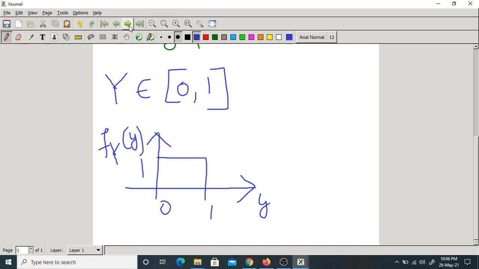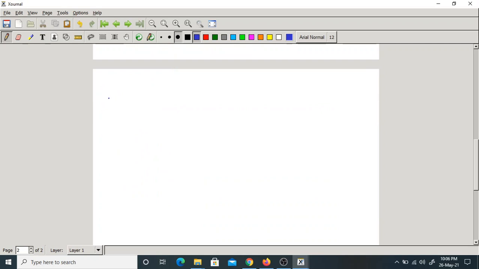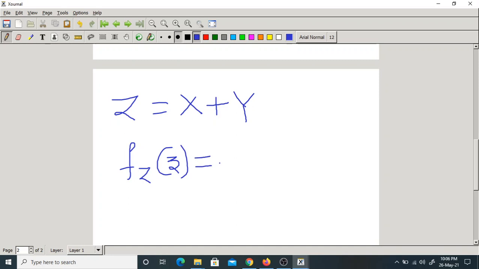Suppose z is the sum of two random variables x and y. What about the PDF of z? I told you in the last classes. It is the convolution of the PDF of x with the PDF of y.